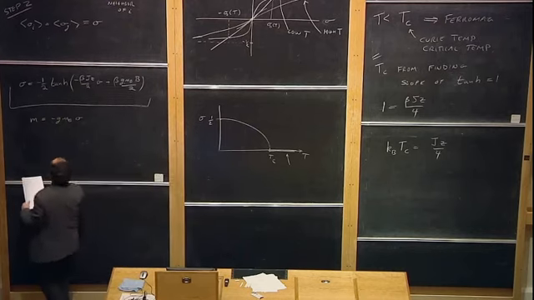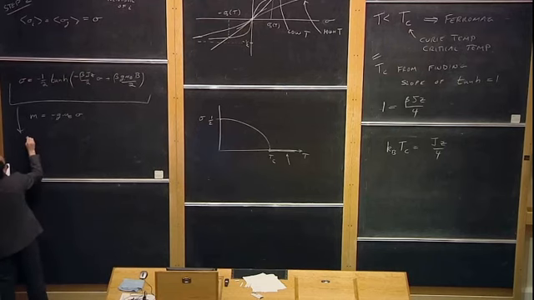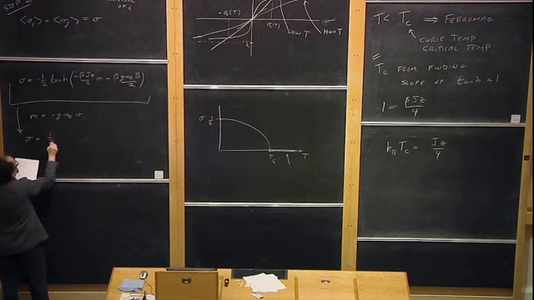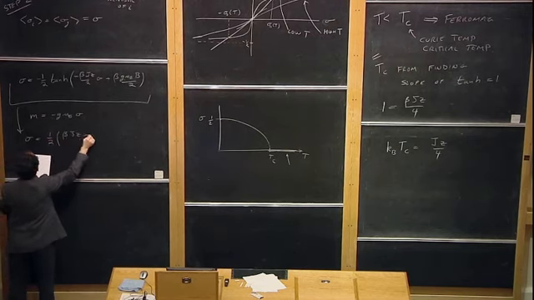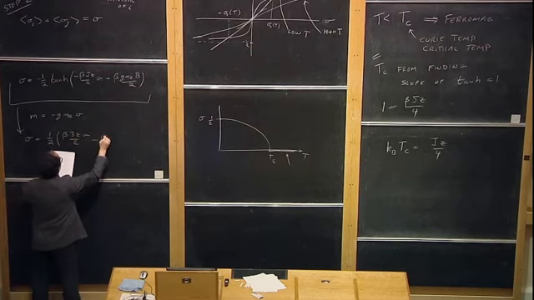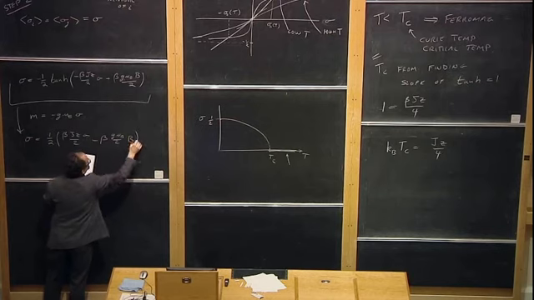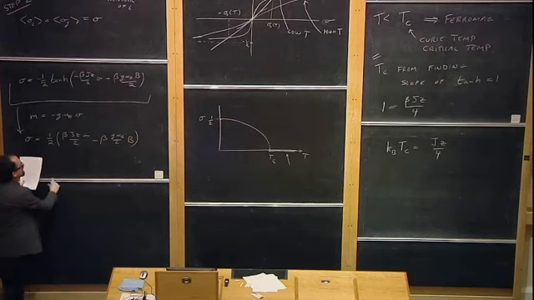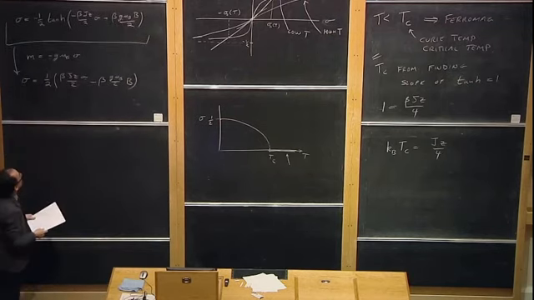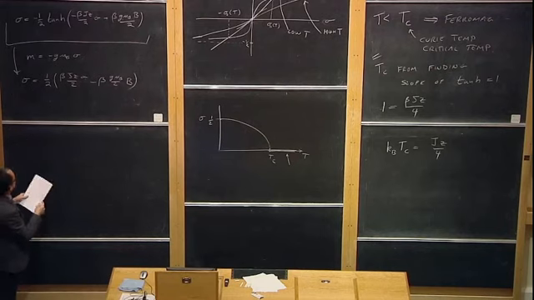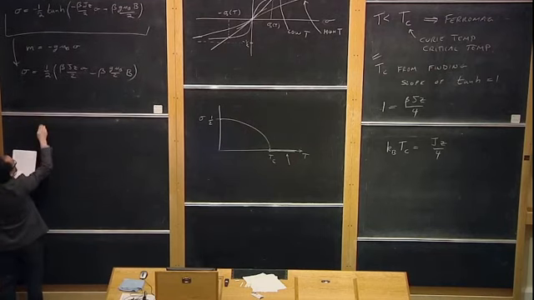Everything is small. So we can write sigma equals, just writing this all out, absorbing a couple of minus signs, beta J z sigma over 2 minus beta g mu_B over 2 times the magnetic field. Then we just rearrange this so we solve for sigma as a function of magnetic field.